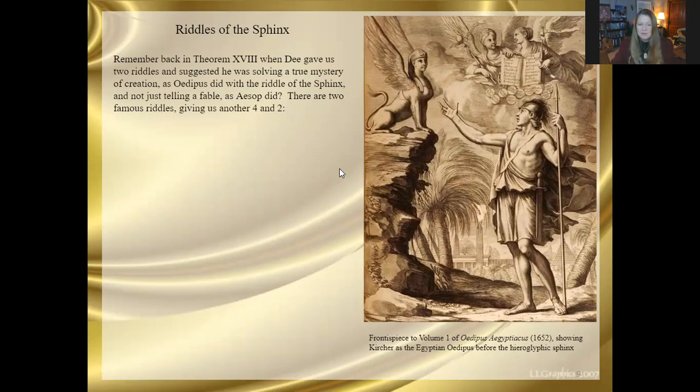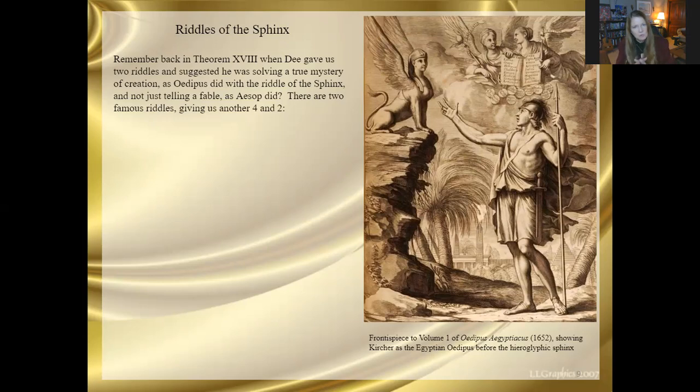Now, back in Theorem 18, Dee gave us these really opaque kind of riddles that we finally solved. And when he's setting those riddles up, he implies basically that he's solving a real mystery of creation, kind of like Oedipus, and not just telling a fable like Aesop. All right, he doesn't tell us the riddle of the Sphinx.